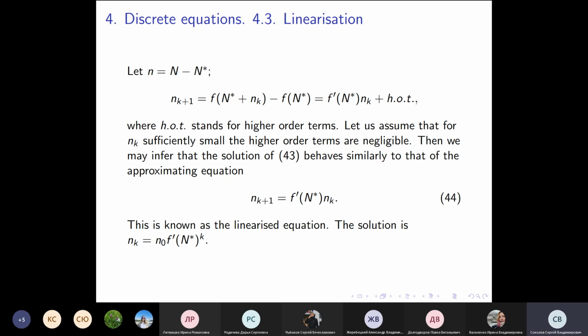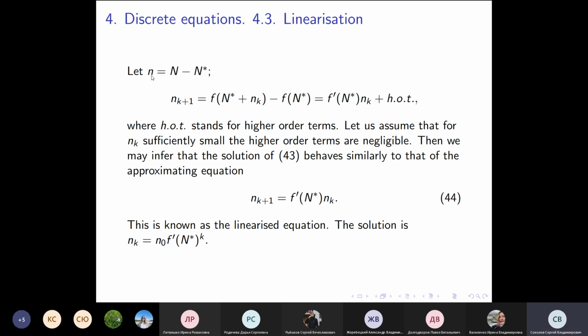Let us remember how we linearize the equation in the differential case. We considered the new x equal to n minus n_est, and we were trying to find the linear approximation near our steady state. Let's do the same for the difference equation.